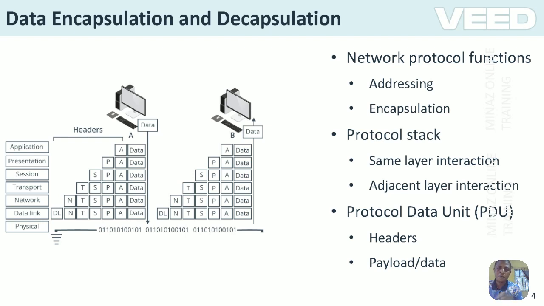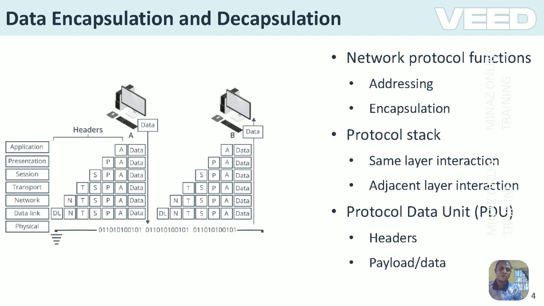Now, decapsulation is just the opposite of encapsulation. It reduces the excess additions that were made to the data at each stage. Immediately you get from the physical layer to the data link layer, in the process of going to the network layer, every attachment from the data link layer, which is the frame, is removed.